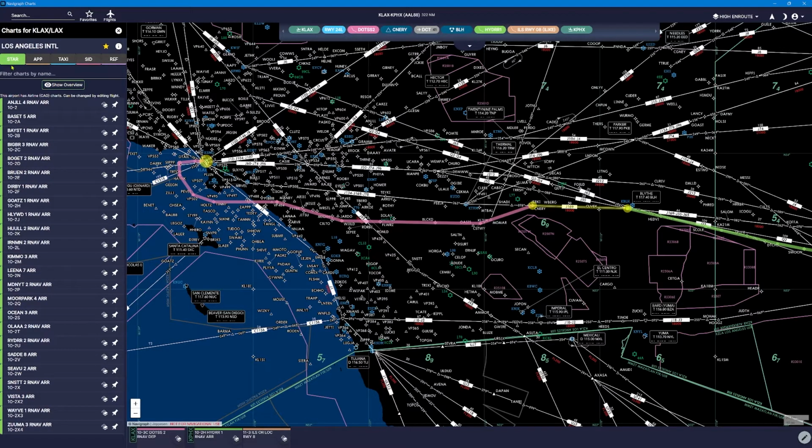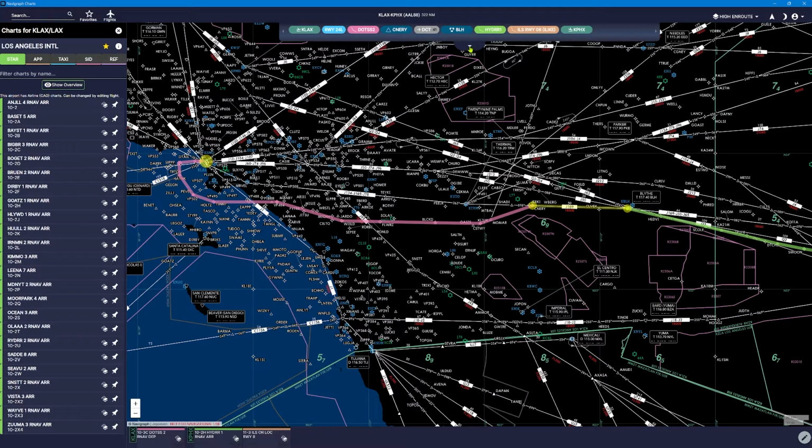STAR, these are arrivals. You notice over here, HEYTR 1, that's green. Now, again, if you're doing it differently, then you may not have green, but this is a STAR. And these are pathways, predetermined pathways to get to Los Angeles Airport.